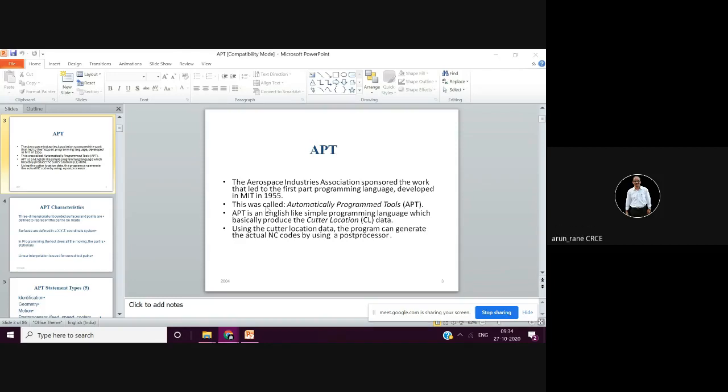Whereas in Siemens, there are different codes for the drilling. So this is what I was telling, that there are different codes in different controls for the same operations.